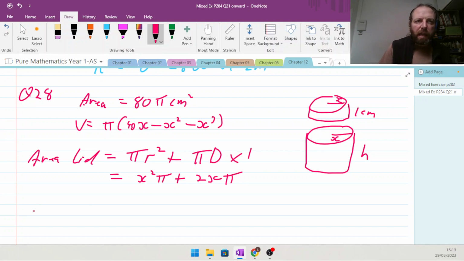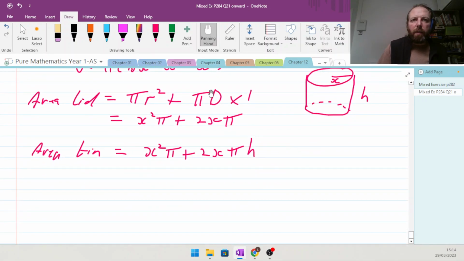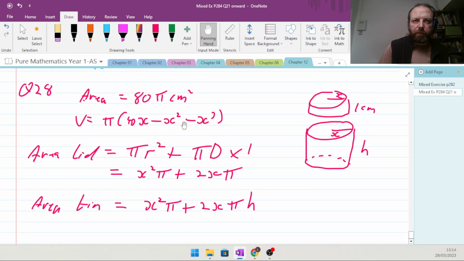Okay, the area of the tin is going to have exactly the same formula, except for the 1 on the end. So we're still going to have an x squared pi for the circular base down here, plus the 2x pi h, so we've got the height of it, and that all equals, when added together, the 80 pi.